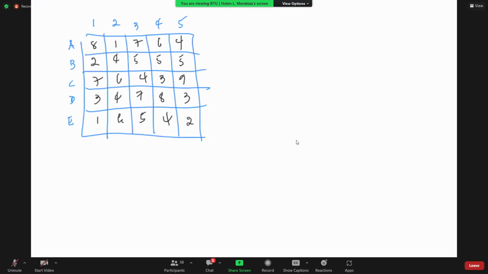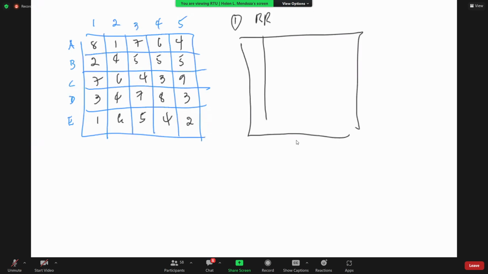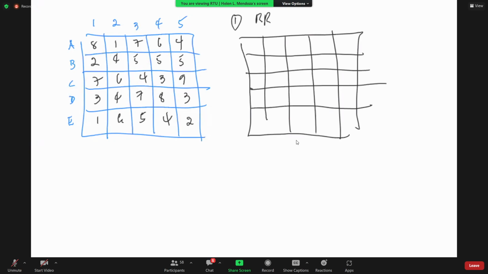Row po. Okay, row. So, reduce row, RR. So, gawin mo ulit yung table. 1, 2, 3, 4. Mahirap ang 5 kasi hirap iguhit eh. Samantala ang 4, mabilis. So, A, B, C, D, E. 1, 2, 3, 4, 5.